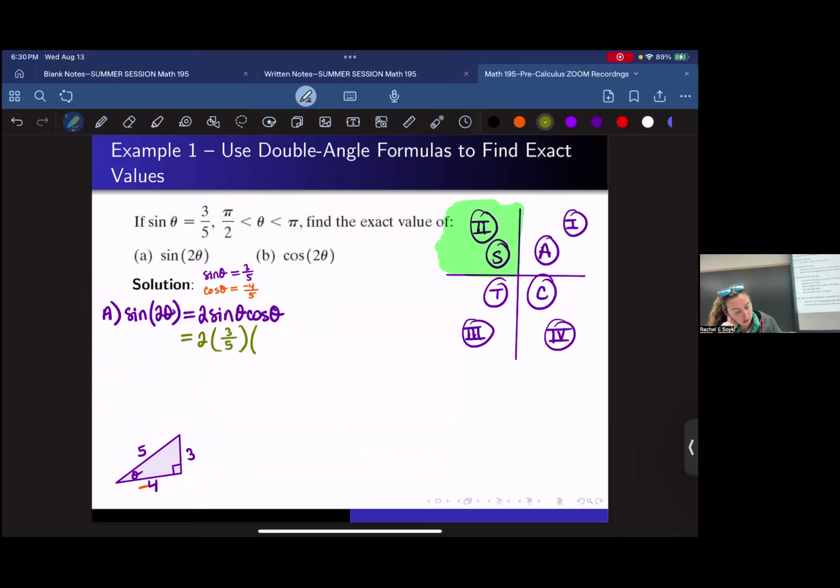I'll do some color coding so you guys could really see it. So we'll make this yellow, and then this one blue.